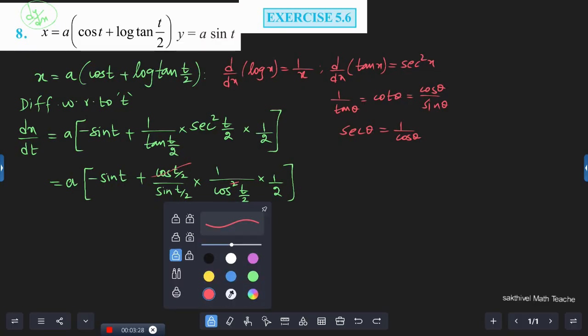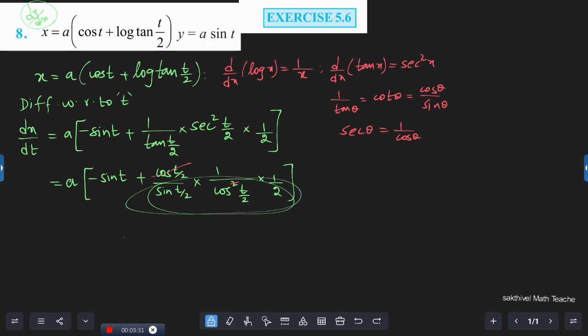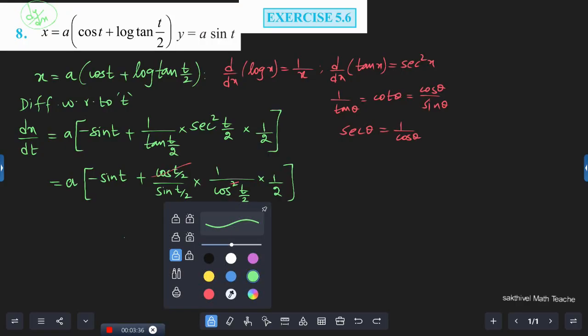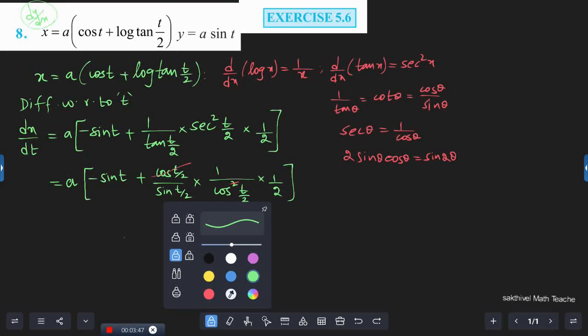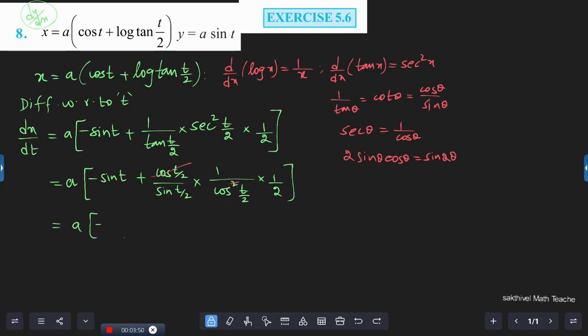Children, have you noticed what the denominator of this one is together? It is 2 sin and cos. If we have 2 sin theta cos theta, what formula can we use? Very good, sin 2 theta is my formula. So minus sin t plus 1 divided by 2 sin theta cos theta, we can write that as sin 2 theta, but instead of theta we have t by 2.